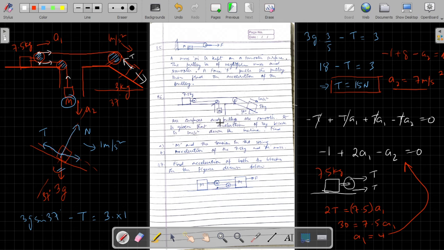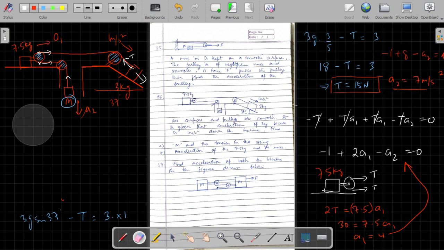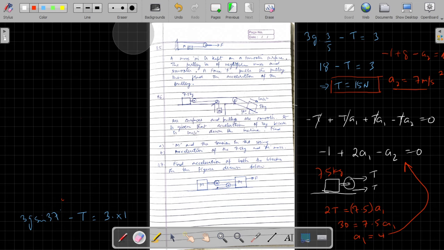And what is the mass of the second block? We know the value of tension already, right? The value of tension is 15 newtons, and the acceleration of the second block is 7 meters per second squared.